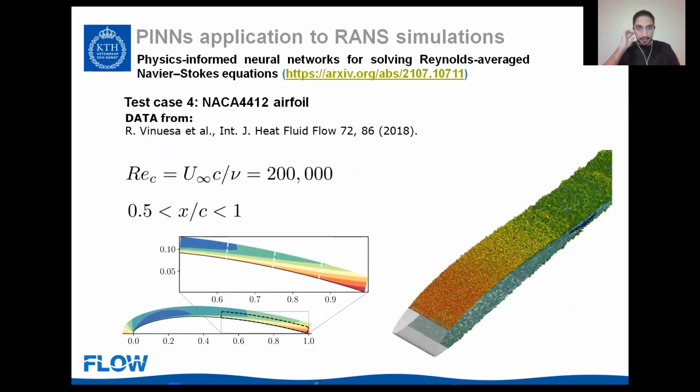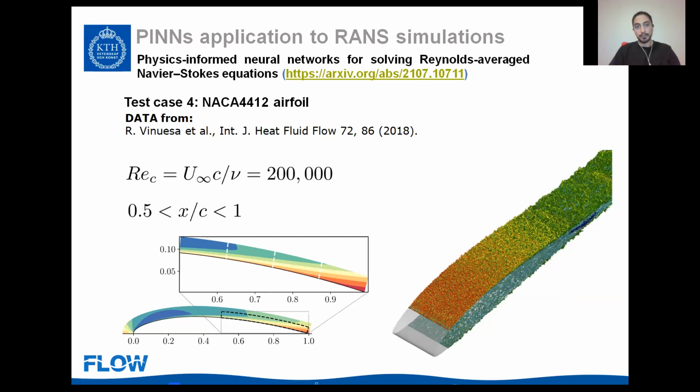And the other case is an airfoil, the boundary layer over an airfoil at this Reynolds number. We select just a small region on the trailing edge of this airfoil, from half of the chord to the end of the airfoil, and use the boundary data for training, and we want to find a continuous solution of the boundary layer flow in this case.